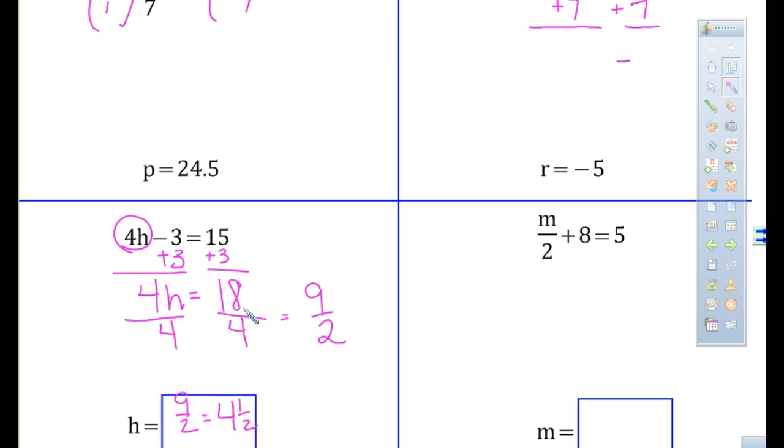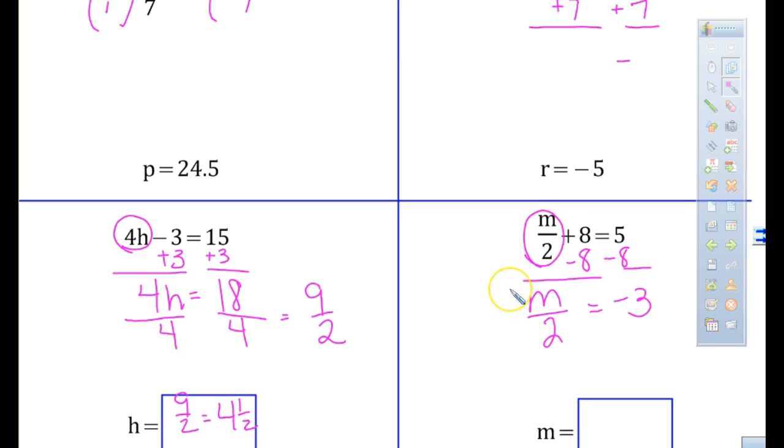Okay. Ellie's starting the next one. I want to get this m divided by 2 by itself. We're going to do what? Subtract 8. We subtract 8 on both sides, and I'm left with m divided by 2 equals 5 plus -8 gives us a -3. We're trying to say what number divided by 2 equals -3.